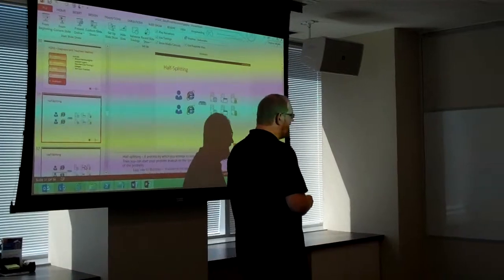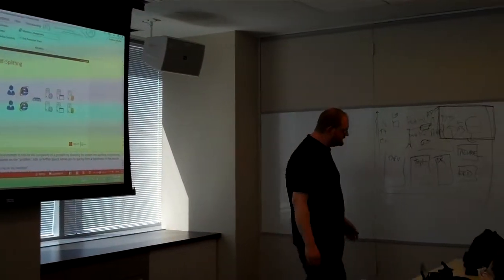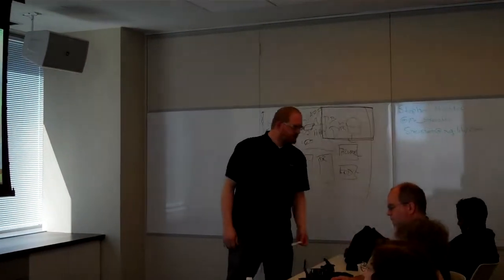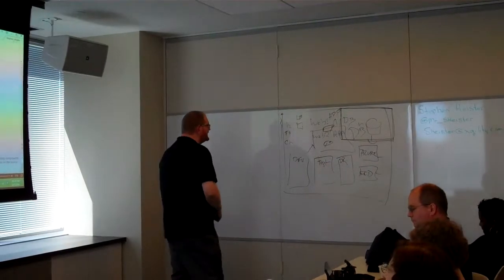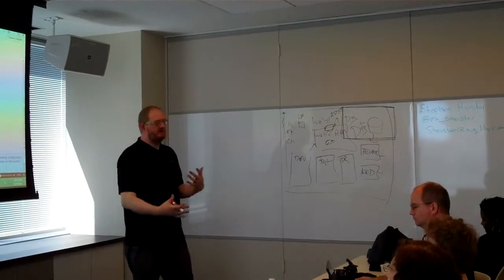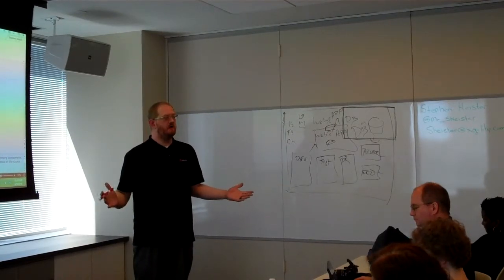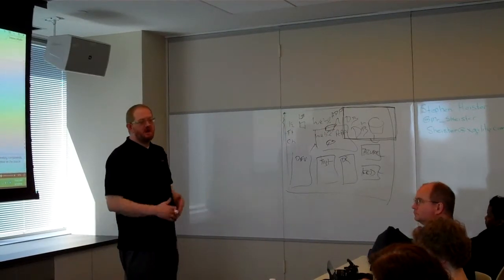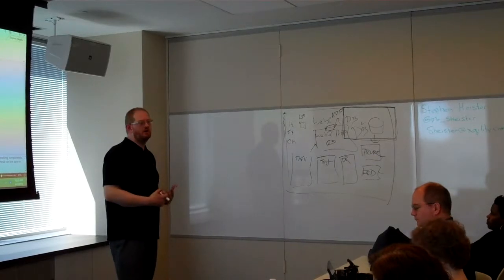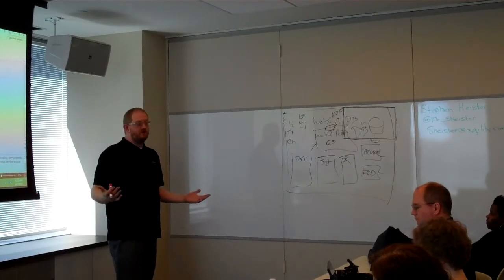I promise. Half splitting is a concept that I was taught in electronics troubleshooting. If you've got some electronic stuff that you're working on, there's usually hundreds and hundreds of circuits. If you've got a circuit fault somewhere, how do you find it?